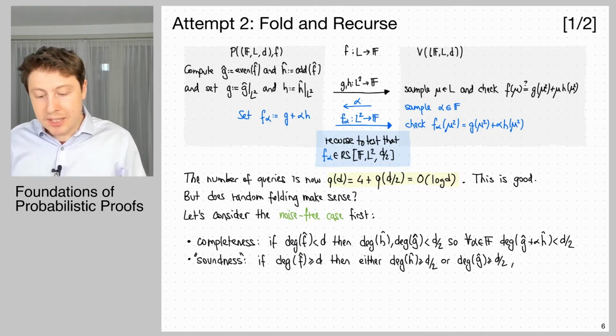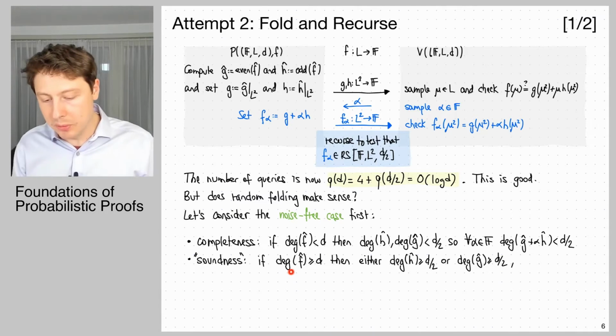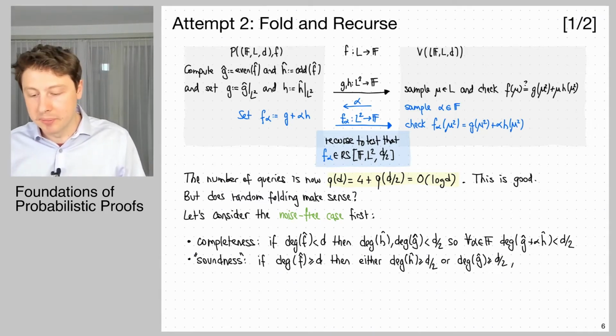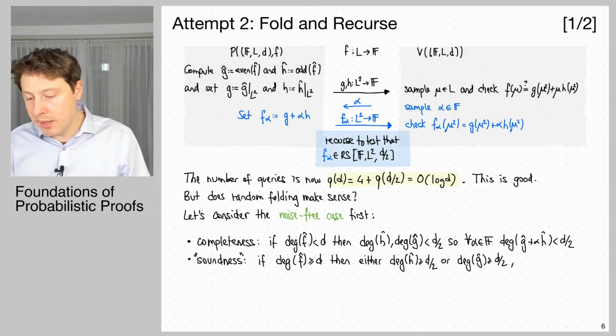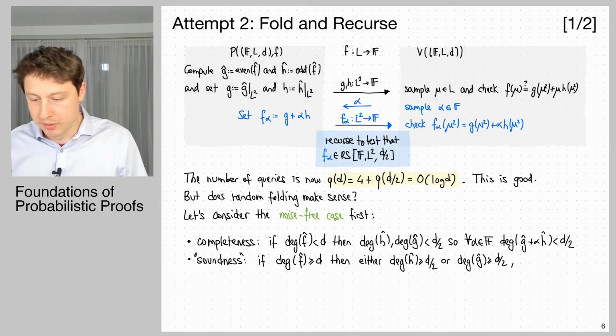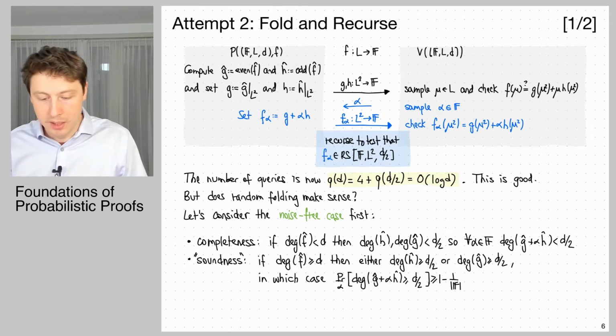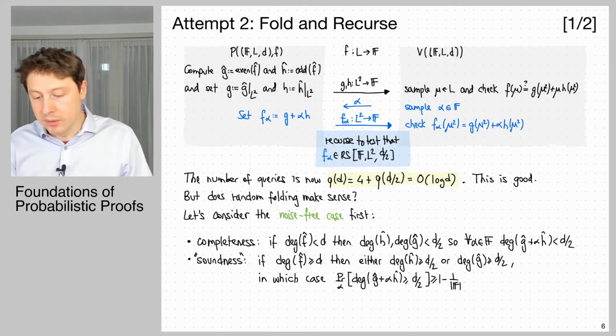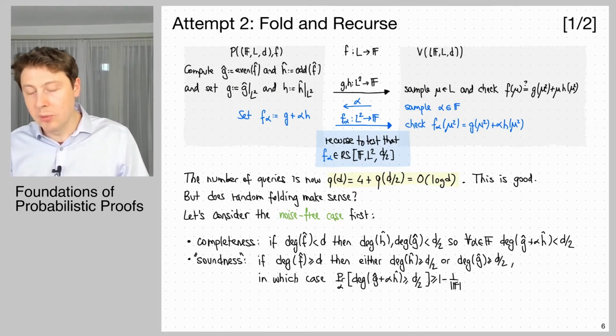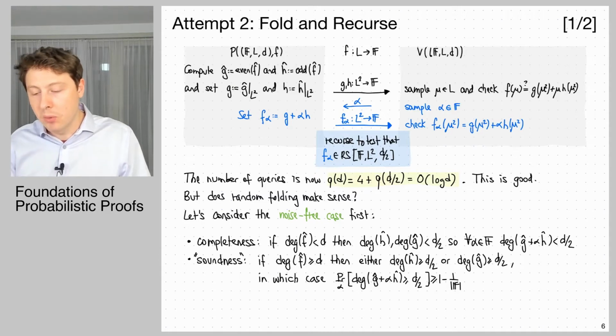For soundness, let's suppose that we started out with a function whose degree was at least d. Then we know that either the odd coefficients or the even coefficients have degree at least d over 2 as functions. In which case, I argue that the linear combination will have degree at least d over 2 with extremely high probability, at least 1 minus 1 over the field size. Why is that?